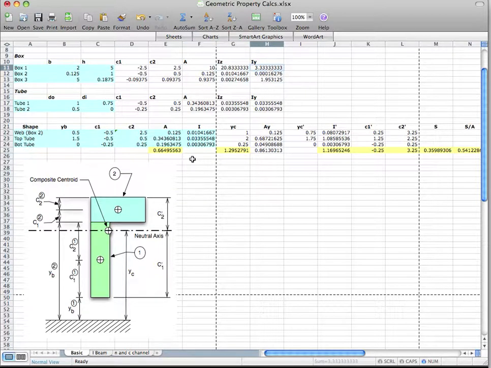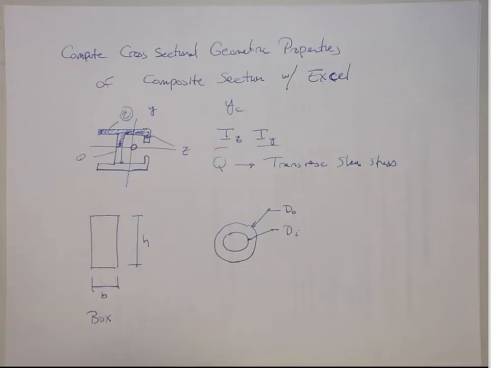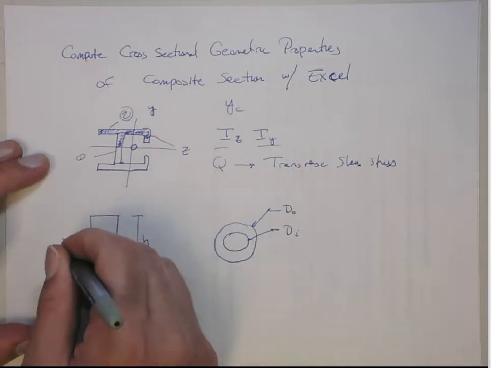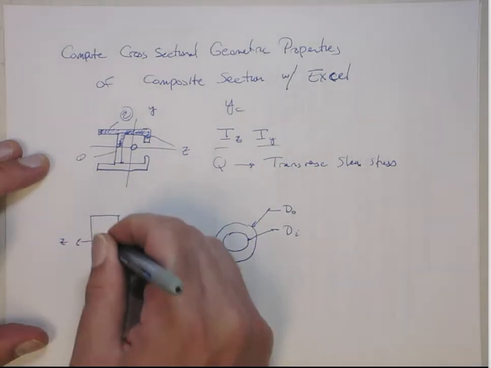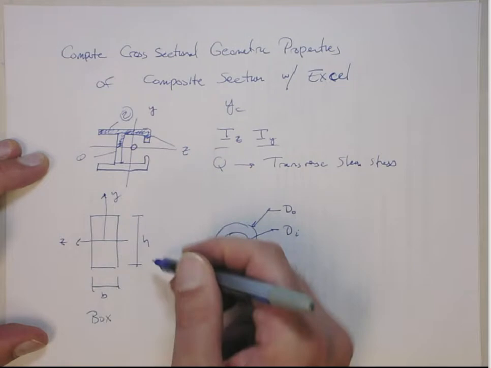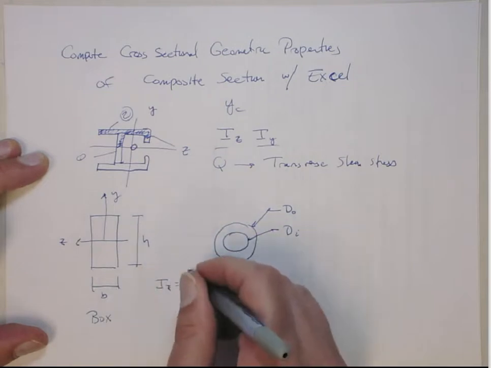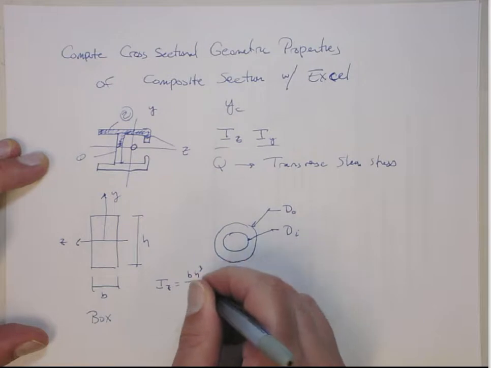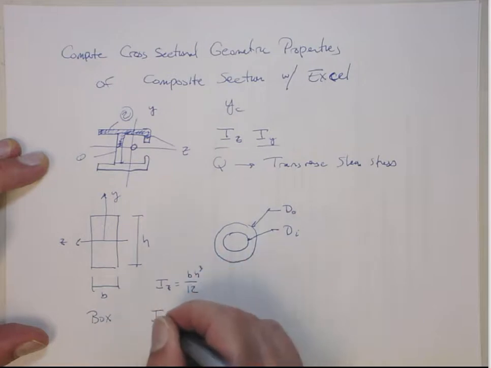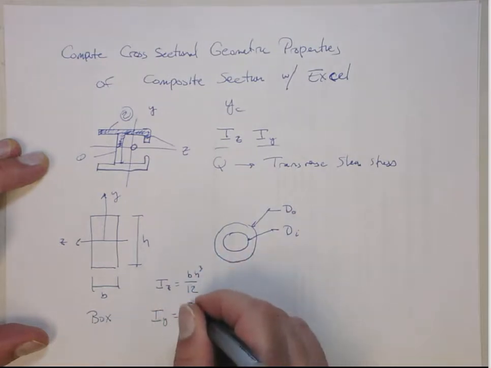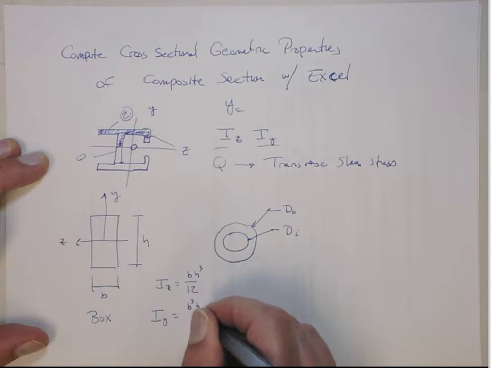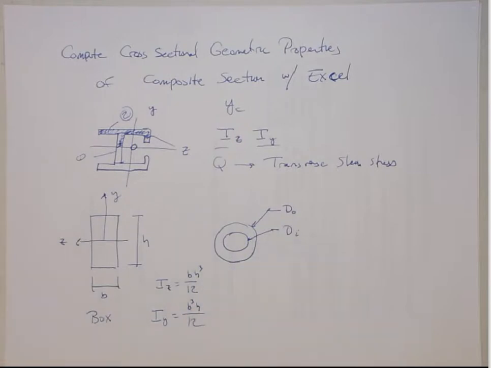I didn't quite label it here, but basically, if we go back to this section, I'm calling this the z-axis and this the y-axis. So the I about the z-axis is the base times the height cubed over 12, and the I about the y-axis is the base cubed times the height over 12. Okay?